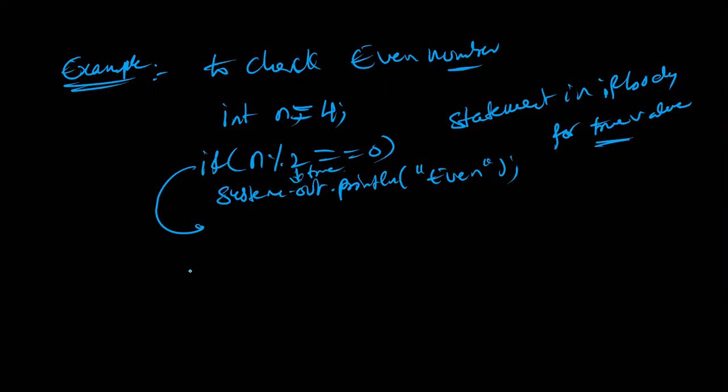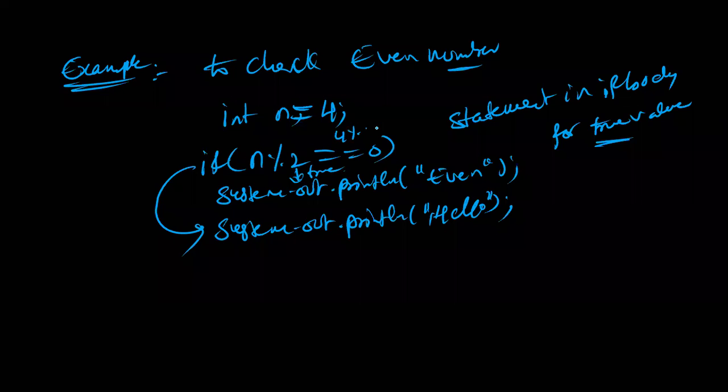If it is false, the next following statements run. For example, you write System.out.println hello. So how will it print? Very simple. When your value is 4, 4 modulus 2 equal to 0. Yes, 4 modulus 2 is 0, and 0 equal to 0, so it will print E1 and hello.